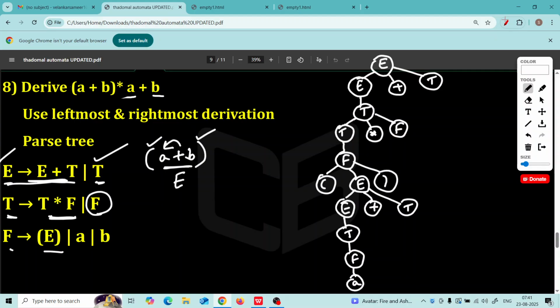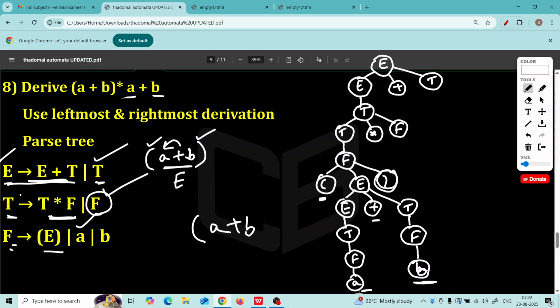And here we say T gives F, F gives B. Correct? So till now from the left hand side you have got bracket. Next we have got A, see the leaf nodes. Then you have got plus. Then you have got this leaf node B. And then you have got this bracket. You see this is also a leaf node. Then we have got this leaf node, observe this star. Correct. Now F is pending. And F can readily give us A.